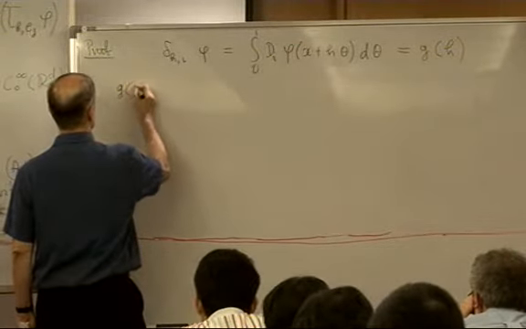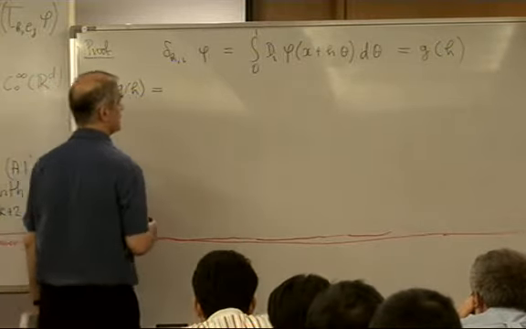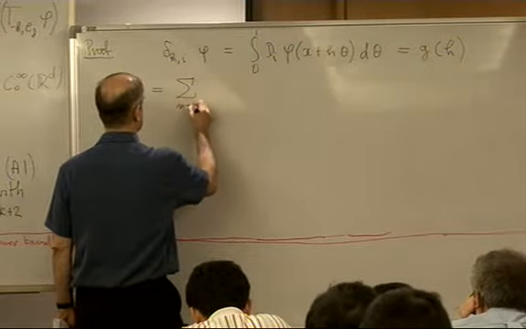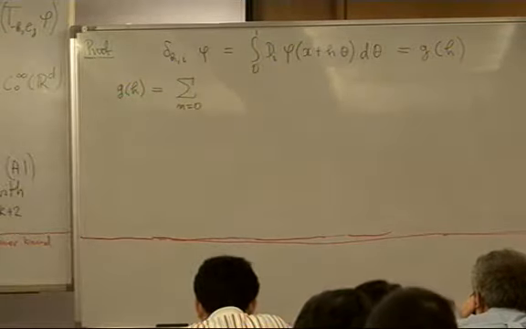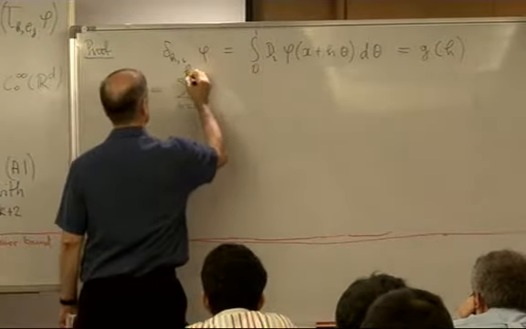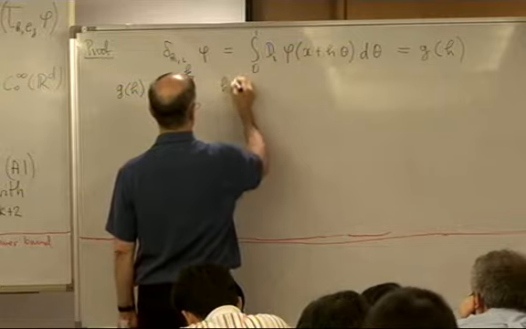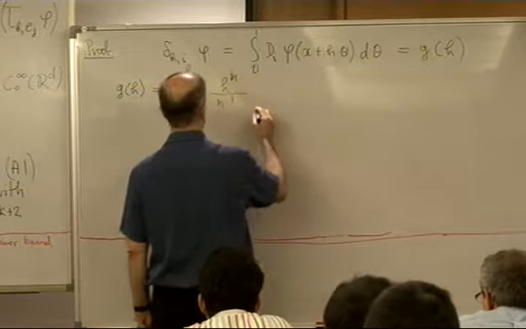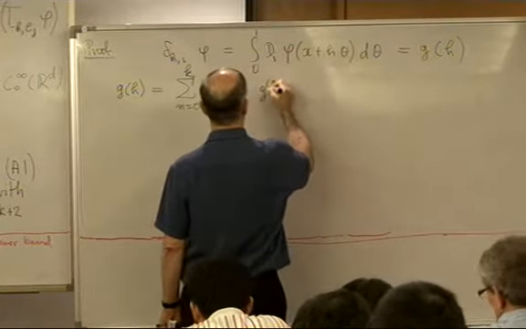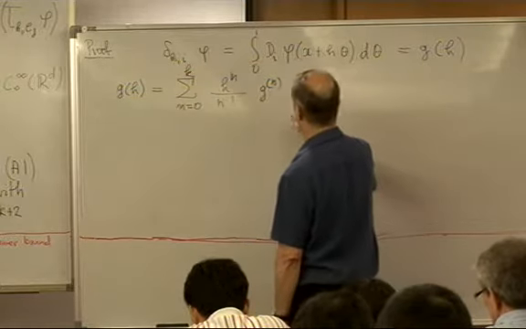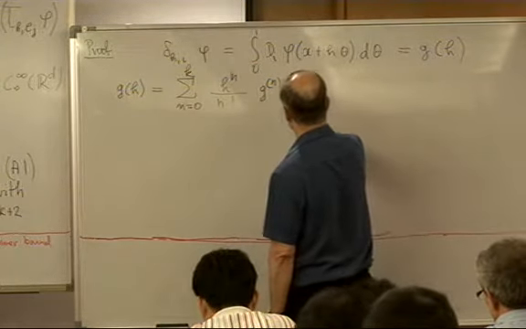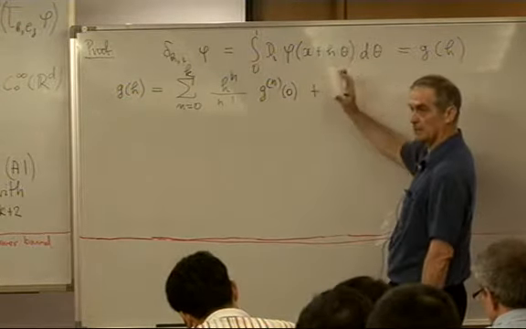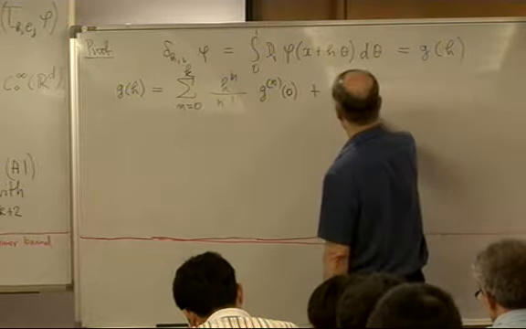So g of h equals the sum n from 0 to k of h to n over n factorial times the n-th derivative of g at 0, plus, and then the remainder term is good to write down in the integral form.